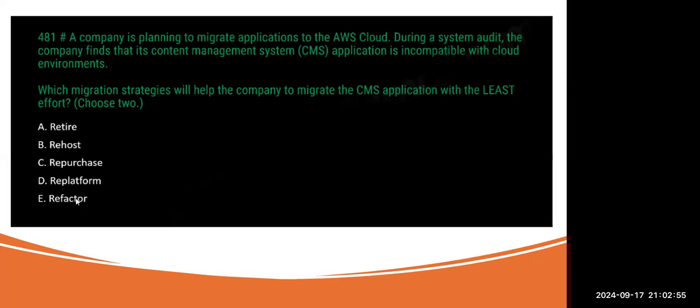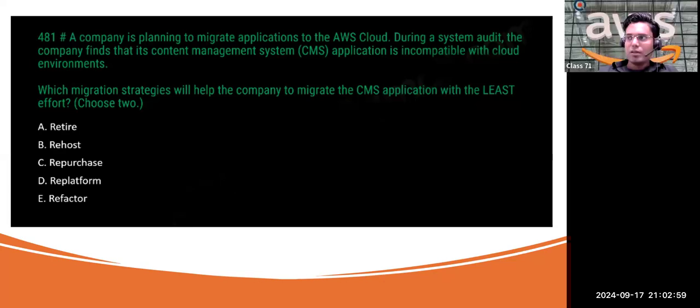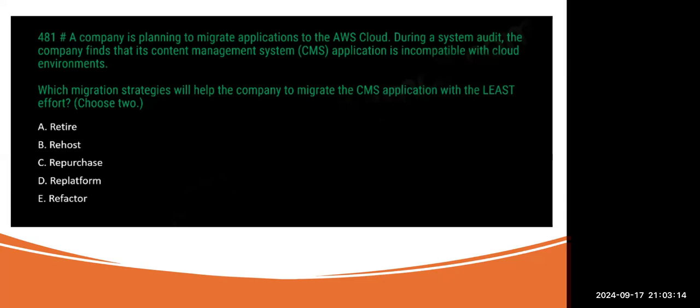If they just drop it, that's retire. Just get rid of it. The application is incompatible with the cloud, so which migration strategy helps the company migrate the CMS application with the least effort? Okay, so retire, A is done, and then which migration one is fine.